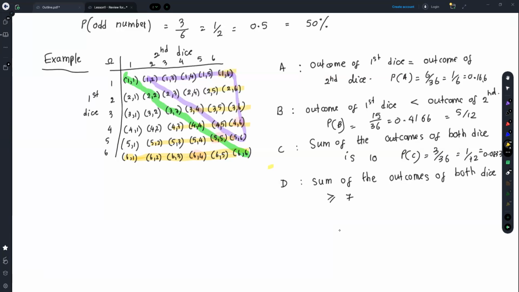So how many are there? There are 21 over 36. Yeah, correct. So that will be 0.416.